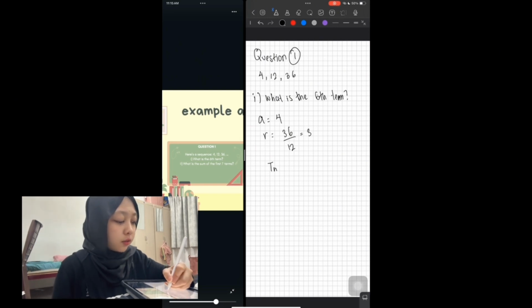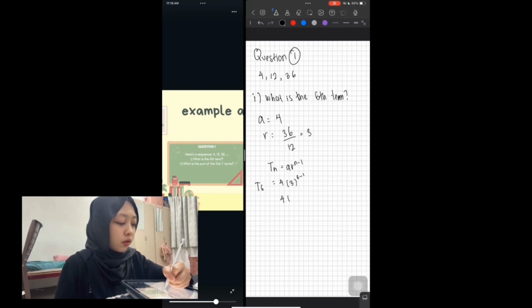Using the formula given, Tn equals A R to the power of n minus 1, you just fill in the numbers given. A is 4, R is 3 with the power of, we want the sixth term, right, so it's 6 minus 1.